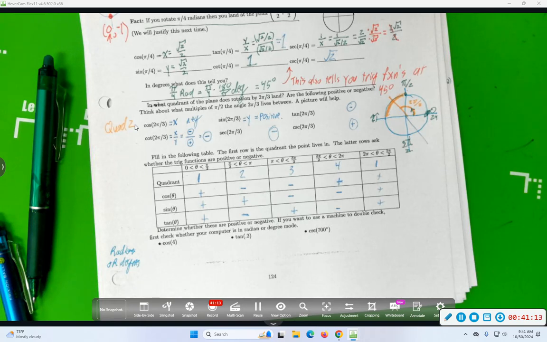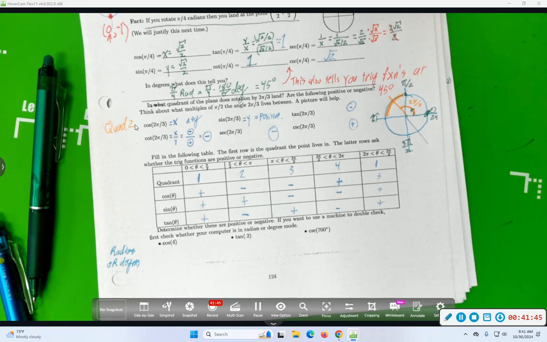All right, so cosine of 4. To answer this question, we have to decide which of these buckets it is in. Is 4 in between 0 and pi over 2? To figure that out, let's think about how big pi over 2 is. What's pi pretty close to? 3.14. I think 3 is good enough for me. So pi over 2 will be 1.5-ish, a little bit bigger than that. Is 4 in between 0 and 1.5-ish? Nope.